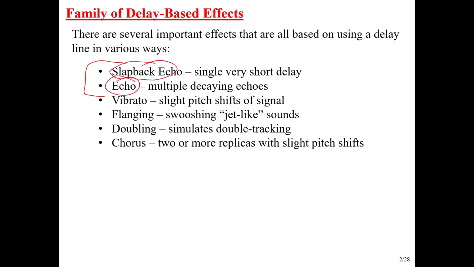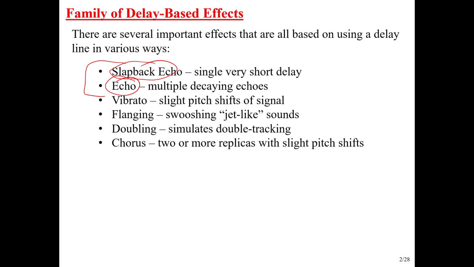So we go from some of the basic echo type things, and the difference between slapback echo and regular echo is that slapback is characteristic of some recordings back in the 1950s. So people like Johnny Cash and Elvis Presley's early recordings had characteristic slapback. It's a very, very short single delay. You can hardly even hear it as a distinct sound.